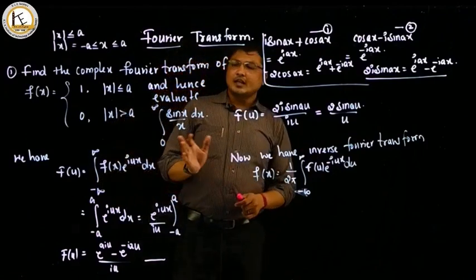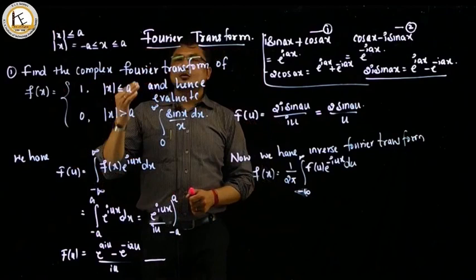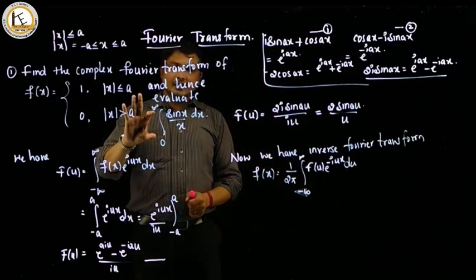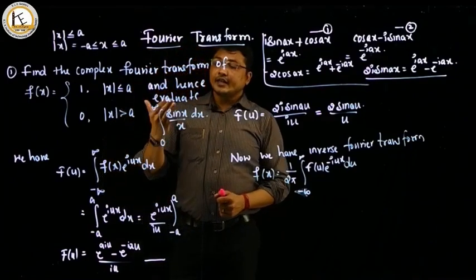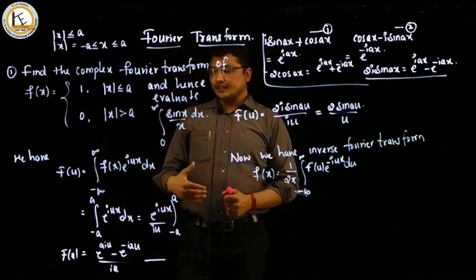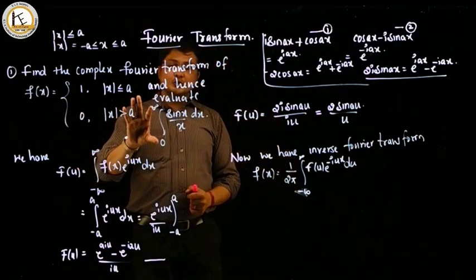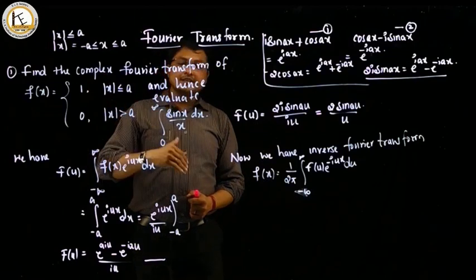One more thing to remember: when you are finding the complex Fourier transform and later evaluating some integral in the same problem, we can expect the answer from the first part to resemble the integral given in the second part.